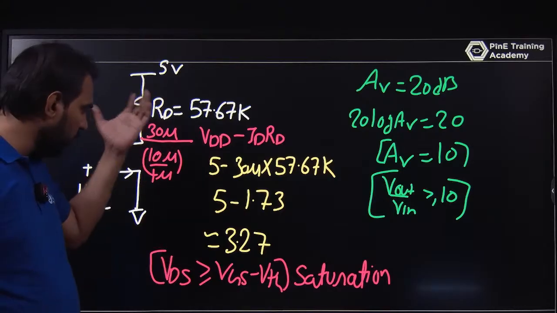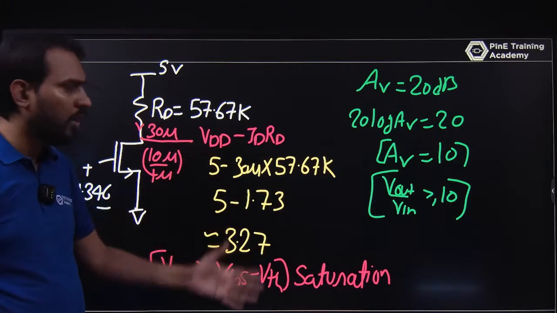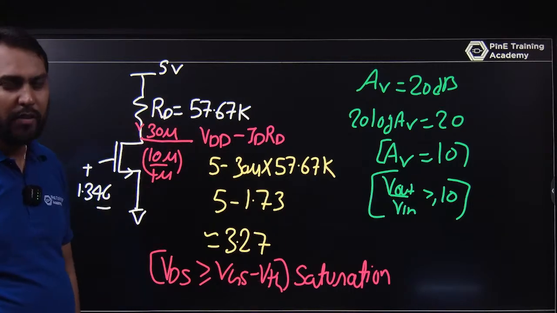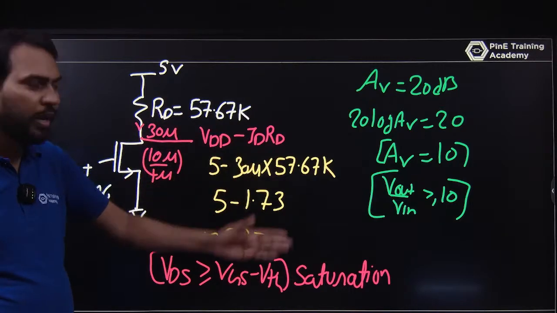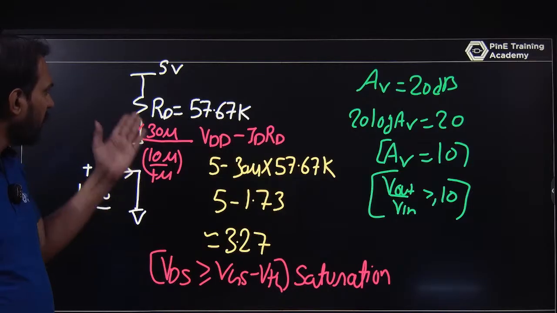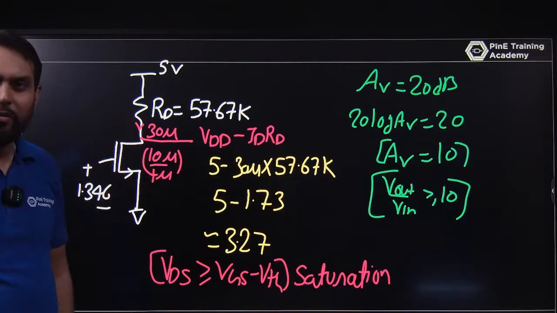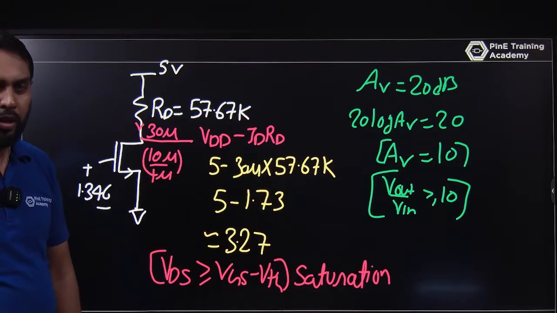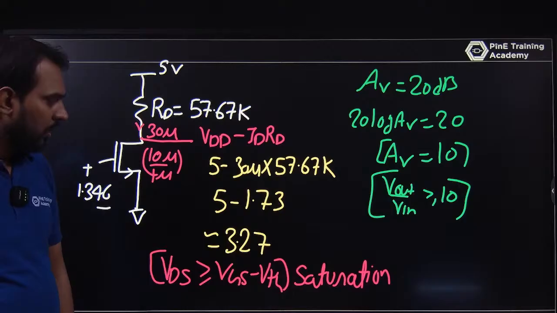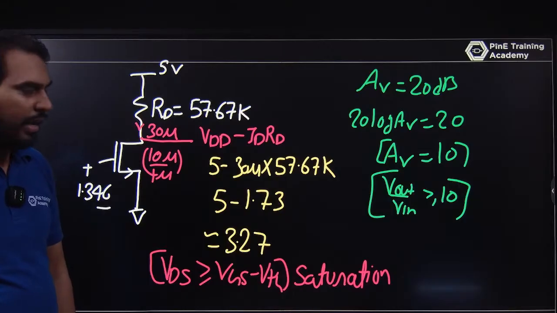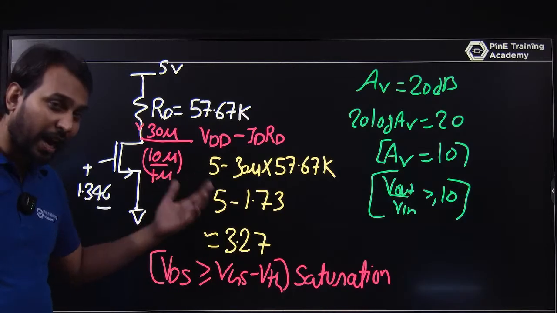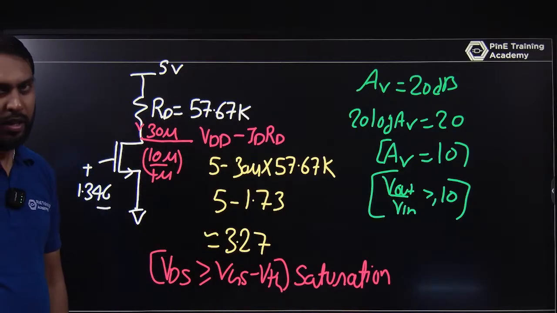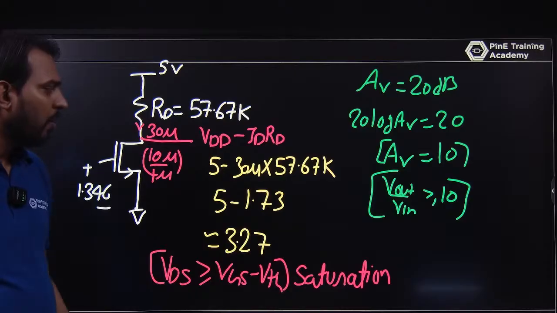You can put it in and solve it, and by solving you can determine the value of W by L. On the basis of that you can determine RD, the current, and the gate to source voltage. So this is the way you can solve it. Let's try to implement this logic in LTspice with the given parameters.